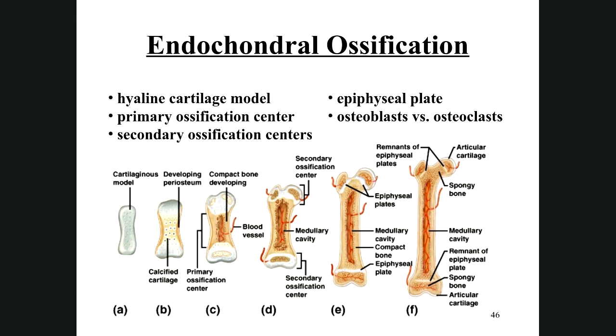So the first thing that you see is enlargement of the cartilage, and that cartilage then gets calcified, and then blood vessels enter, and osteoblasts convert all that calcified cartilage made by chondrocytes so that they become hard bone. And the last step is restructuring, which is osteoclasts chewing up the bone so that the bone can grow.